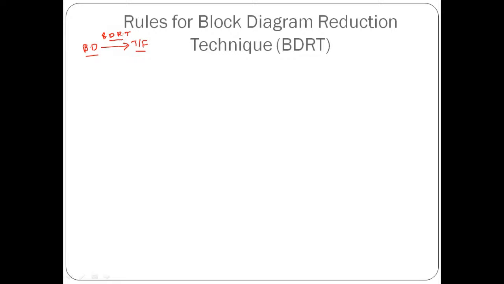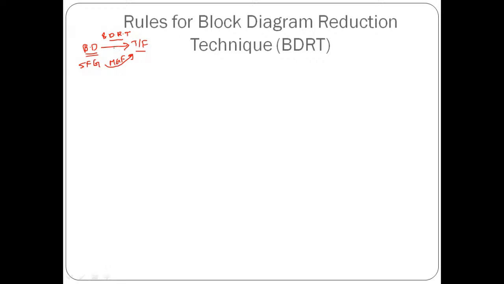The way we have done in the case of the signal flow graph. Suppose we have a signal flow graph and we want to represent that as its equivalent transfer function, we need to apply the concept of Mason's gain formula. In the same way, suppose we have a block diagram and we want to convert that into its equivalent transfer function, we need to apply the block diagram reduction technique.